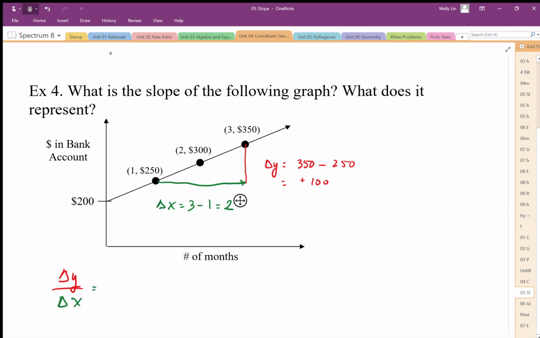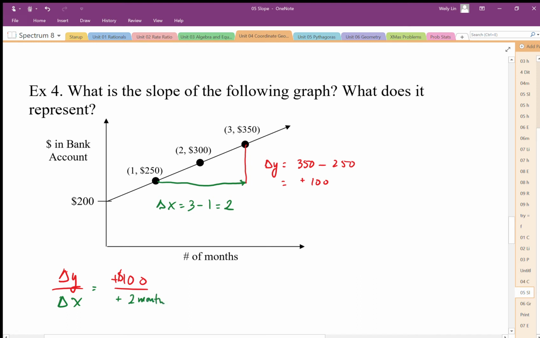So my change in y works out to be, I went up $100. Okay, and the run was, I gained 2 months. So that's my ratio. That's my slope.